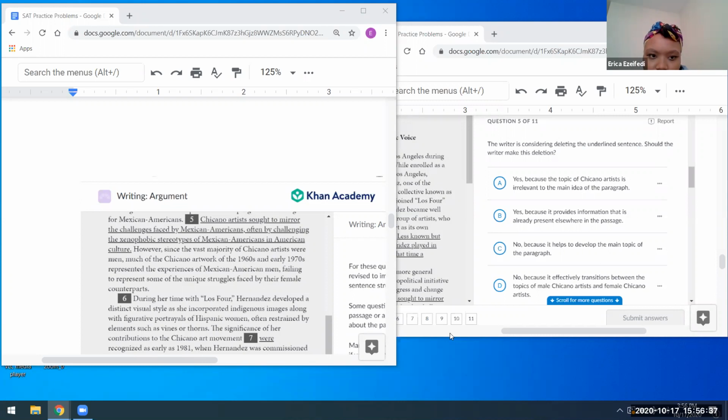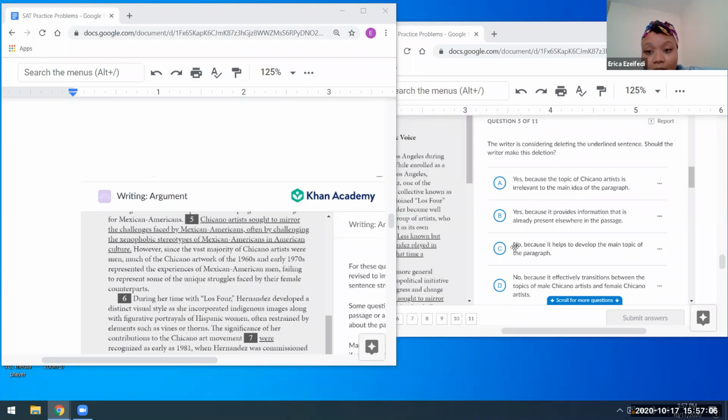Once you realize with questions like this that you want to keep that sentence in, you can go ahead and just stop looking at A and B, because A and B are talking about deleting it. So we already crossed off A and B. So now we're just looking at C and D. And I say that because that'll save you time when you're trying to decide on an answer, so you're not considering all these possibilities.